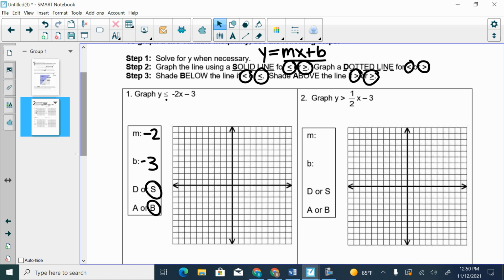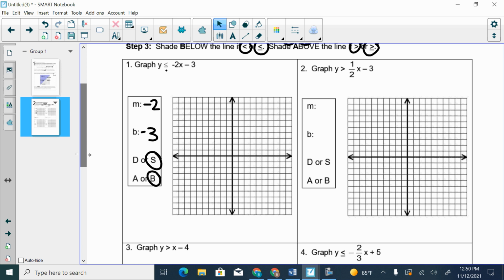All right, so now we're going to actually go in and graph that. So does the -2 or -3 tell us where to start? Right. So I'm going to come down here to -3, plot my y-intercept. If my slope is -2, how much are we moving for each point? Very good.